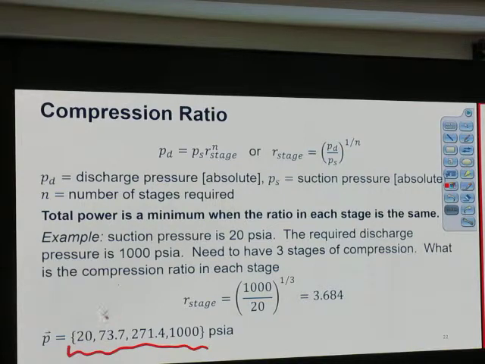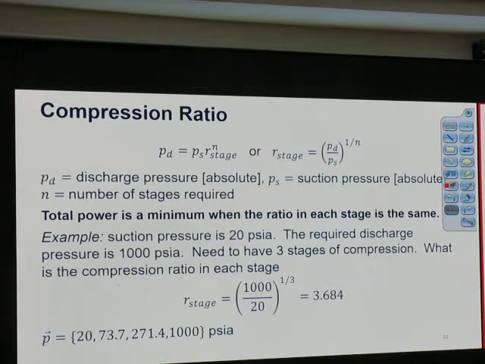So discharge of stage 1 is 73.7. It goes to the cooling unit, and when you go back, there's no pressure drop, so it stays the same. Discharge of stage 1 equals suction of stage 2. That's the assumption for all this calculation.